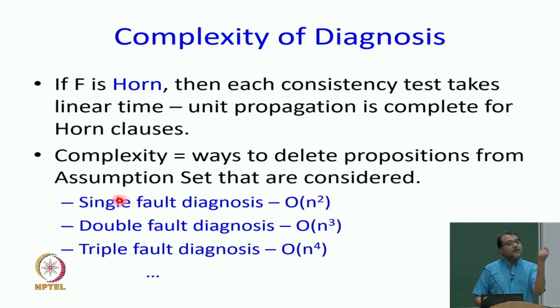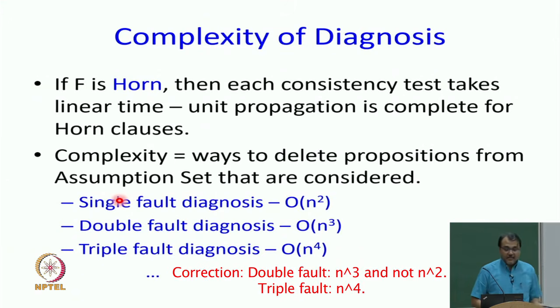You can't say that there is a problem in his nerve, and also a problem in his lung, and also a problem in his brain. That doesn't work. There is one underlying diagnosis which is really the problem due to which the particular symptoms are coming out. In the same way, if you are looking for only one fault, then it will take order n square time, because you'll have to try n of those problems, and every inference will take order n time. Then a double fault would be n square, a triple fault would be n cube.